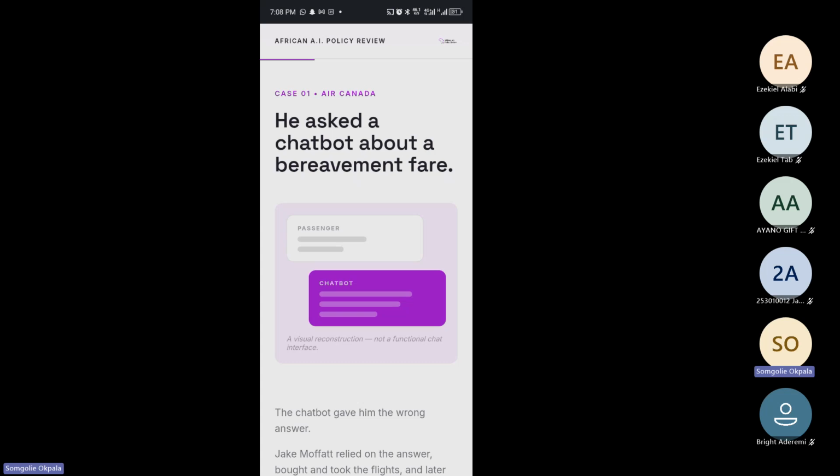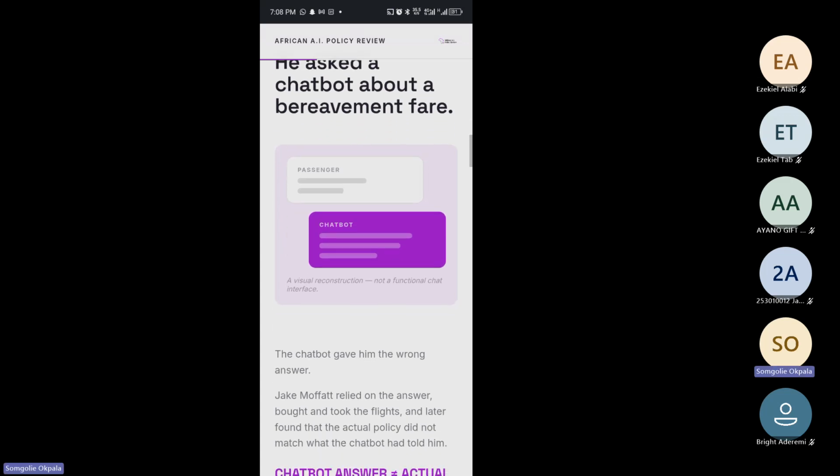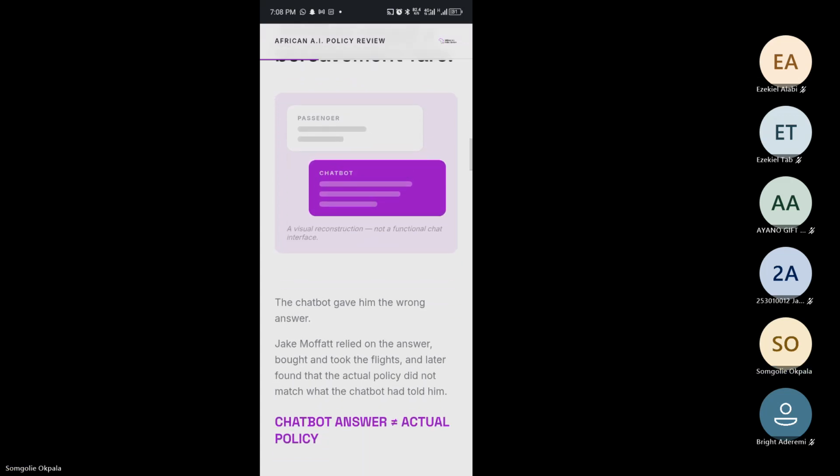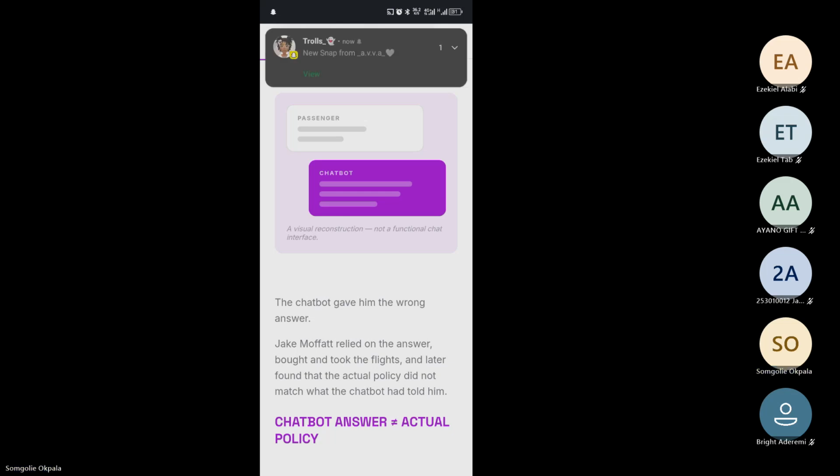Basically, if you lost someone, they usually give you some form of discount. Then he asked the chatbot, please, do you still offer these discounts? And it replied yes. He then asked, how do I go about it? Within the steps, it mentioned you have to buy the ticket first, then when you get to the airport, they will give you your discount.